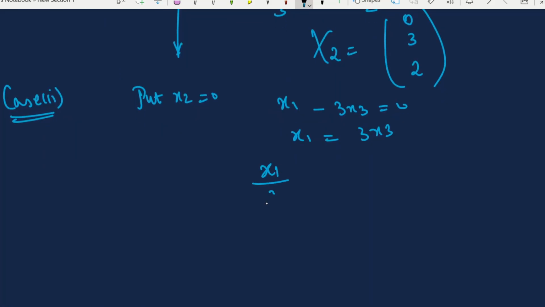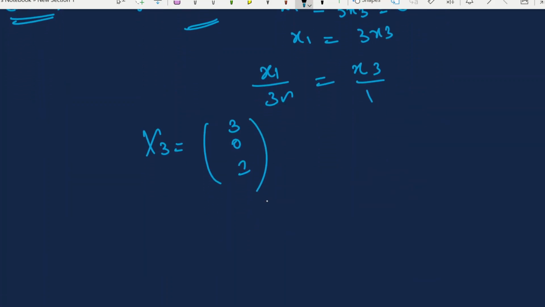So x1 divided by 3 equals x3 divided by 1. So this is our third eigenvector: x1 value 3, x2 is 0 and x3 is 1. Now this is the process of calculating eigenvectors for non-symmetric repeated eigenvalues.